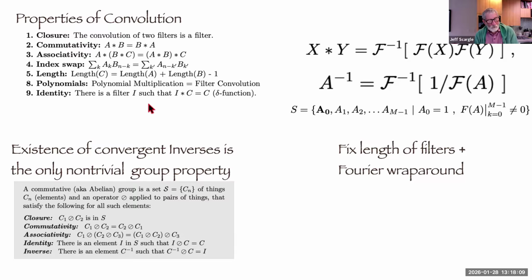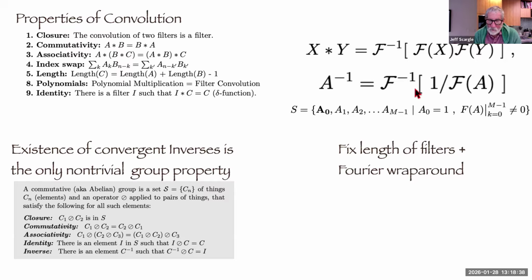And remember when I first talked about how a first order AR filter may not have an inverse. And so it seemed like a non-starter, but there's a way of dealing with that. If you take this formula with the Fourier transform inverse, that is to find the inverse of a filter as the inverse Fourier transform of the reciprocal of its Fourier transform.